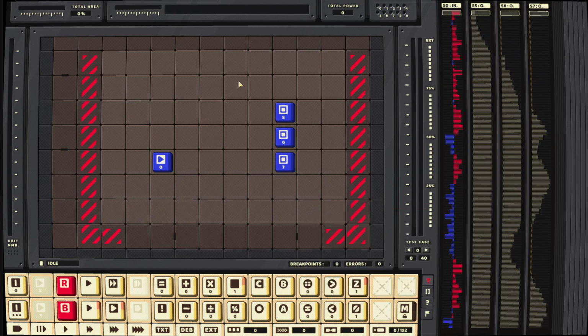So we could have 3 of these. We could also, though, have a tiny little module that just says if it's greater than 40, produce 40.